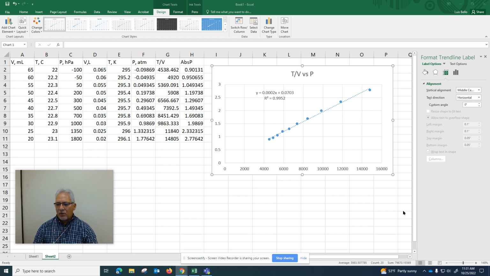Anyway, that's all I want to share with you, because I think the critical part is doing the graph and the trend line, and the 0.002 that you have in front of the X. That will help you calculate the experimental value of the number of moles times R, so n times R will be equal to that number.